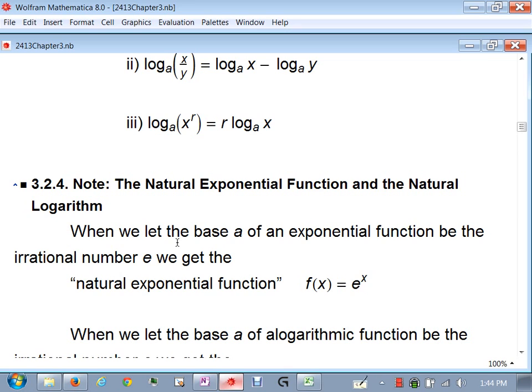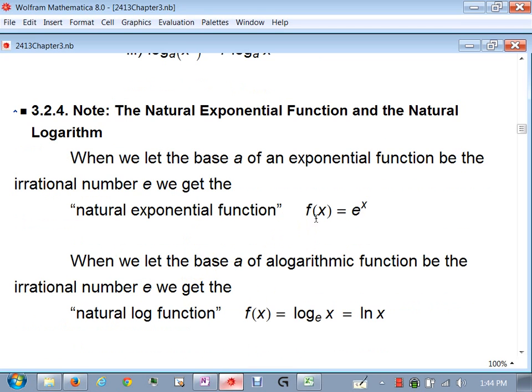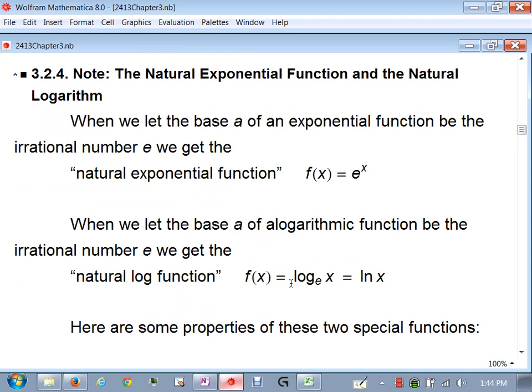So e is this very special number that when we use it as our base, we call the exponential function the natural exponential function. And when we use log base e for the log, which would be the inverse of this, we called it the natural log. Do you all remember that? So e to the x and natural log of x are inverse functions. Whatever one does, the other one undoes it.